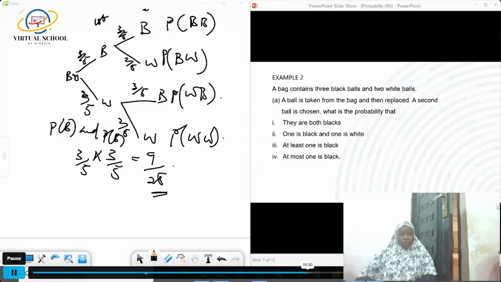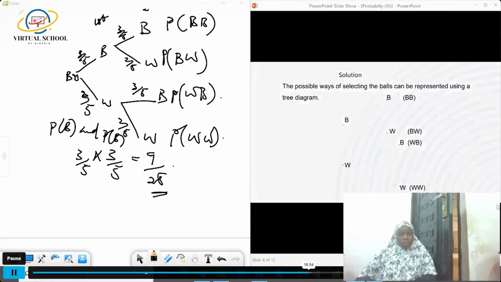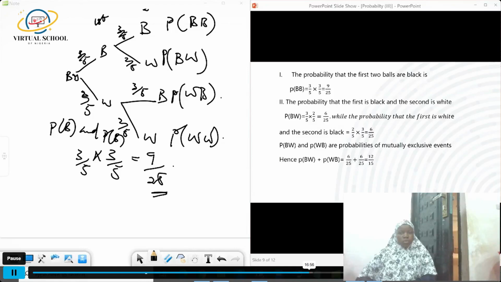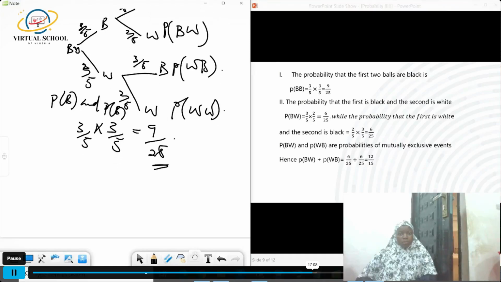Now the next one, they say one is black and one is white. Now we have 2 possible ways of doing this. Either you pick the first case, you obtain a black, pick the second one, obtain a white, or you pick the first case, you obtain a white, pick the second case, you obtain a black. Now, what do I mean by that? We are having black-white here, white-black here.